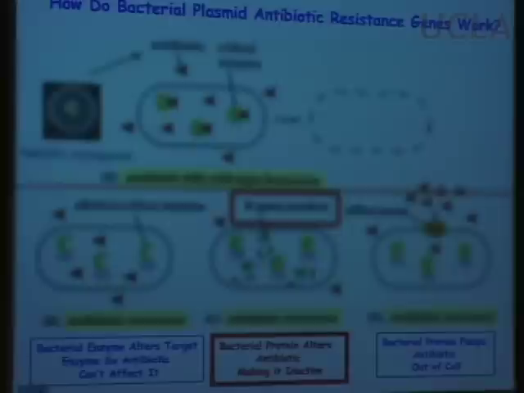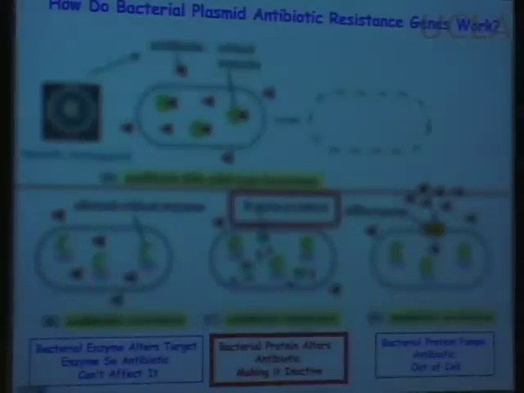You get resistance, as we discussed. In the case of methicillin, there happens to be a gene in the Staphylococcus genome in a plasmid. That gene actually detoxifies the antibiotic.